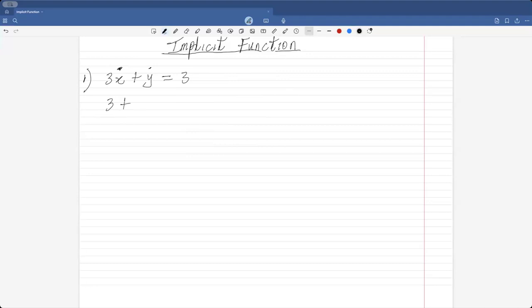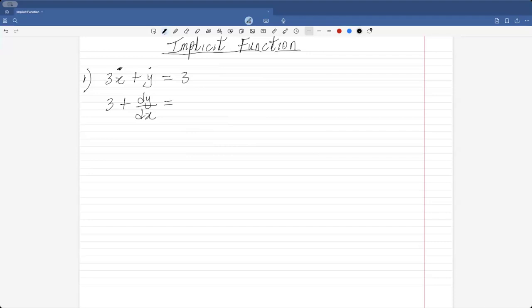So the derivative of y is what? Keep in mind that anytime you are differentiating y under implicit function, you will always introduce dy/dx. So the derivative of y under implicit function is dy/dx.